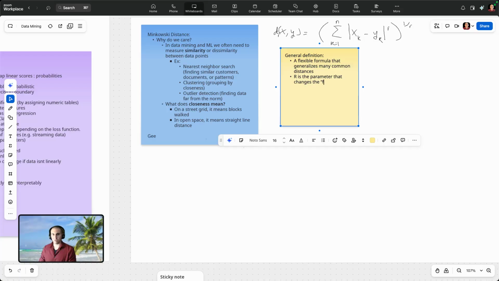Larger R gives more weight to larger coordinate differences.